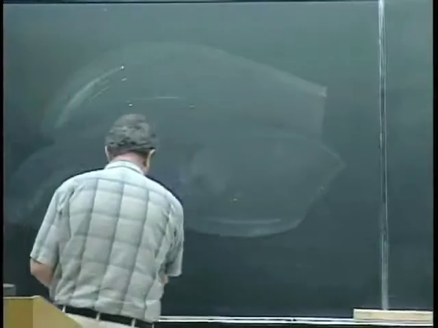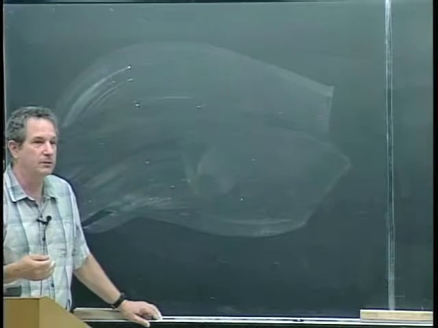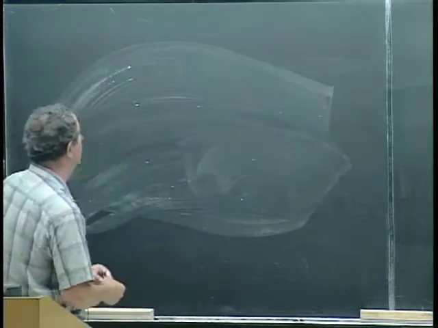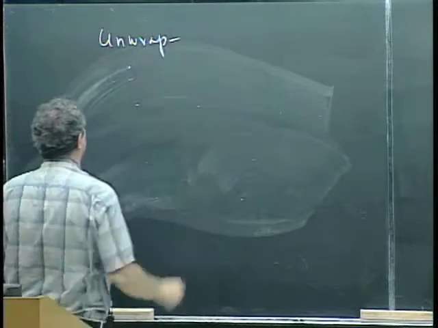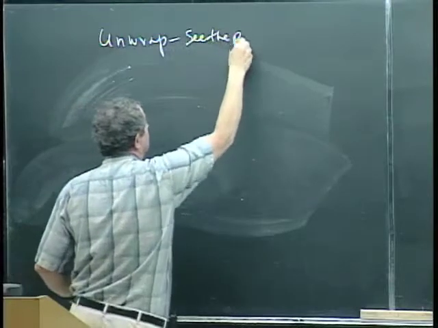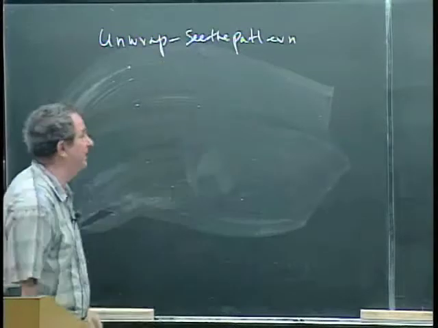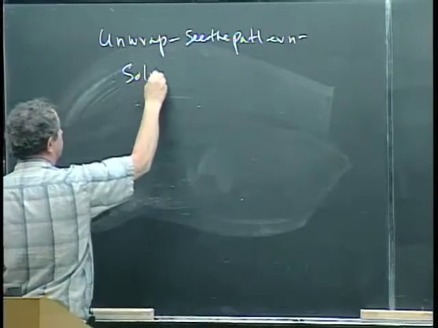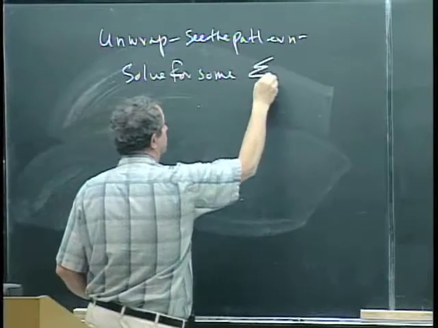The most basic approach, and one that involves learning something that you can keep with you for a while, is unwrap. So you unwrap for a while, then you see the pattern. Sometimes that's called guessing the pattern, but better if you see it. See the pattern, then you solve for some summation expression.